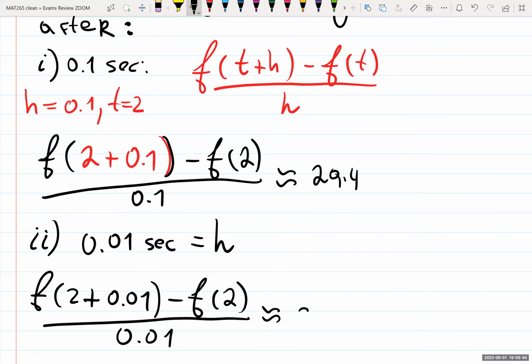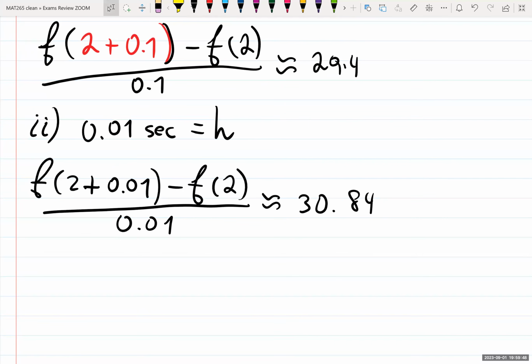That is approximately 30.84. If your numbers match, just solve your homework. The third one is even smaller, 0.001. That is my new h, and so on. Then we need to guess where it's all going.